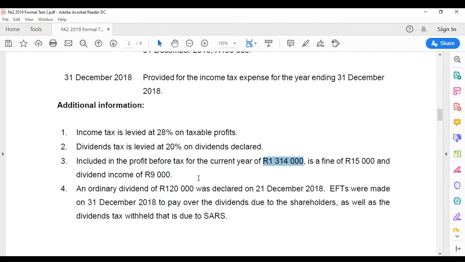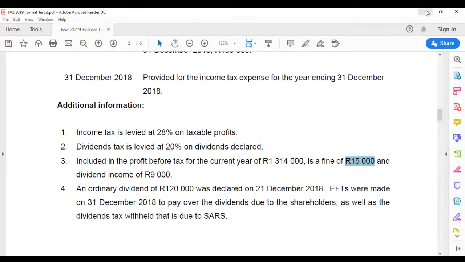Included there is a fine of 15,000 rands. So we paid a fine, a traffic fine, or some sort of a penalty that was imposed on us.